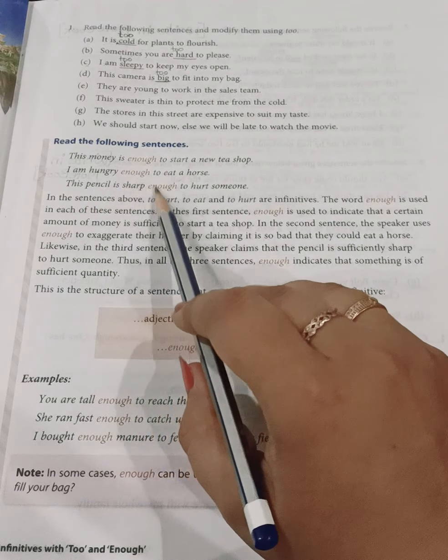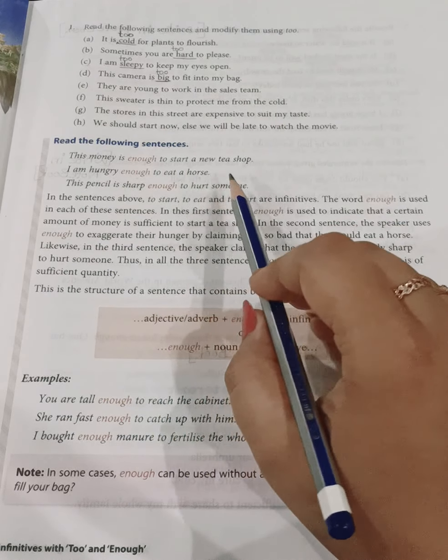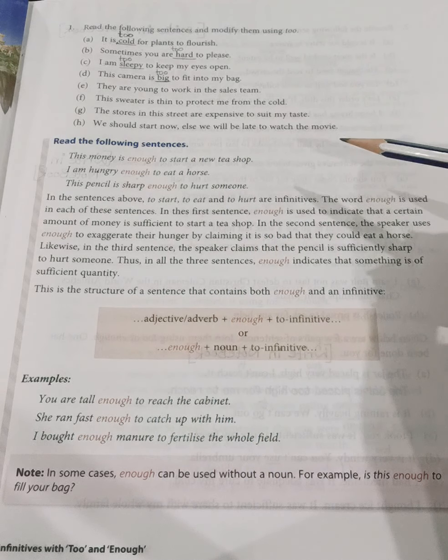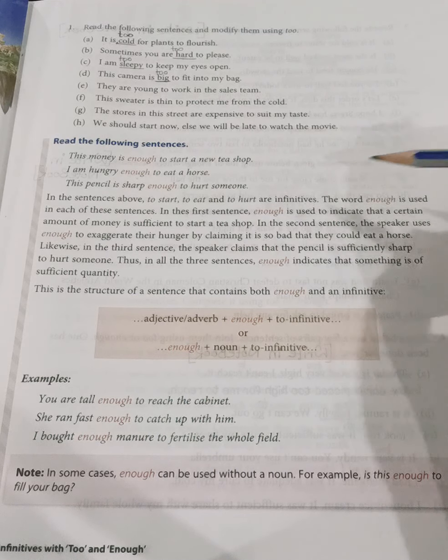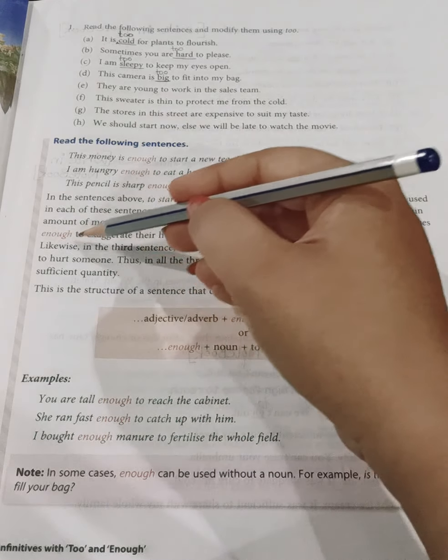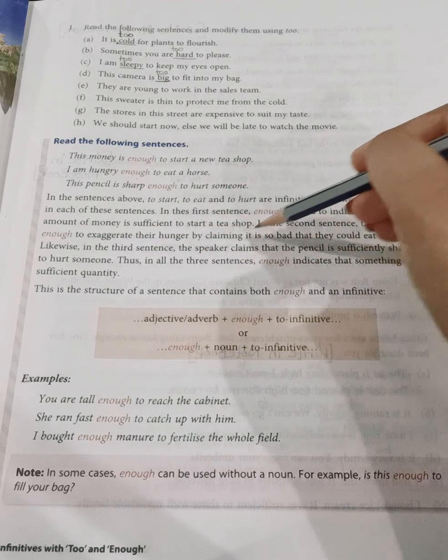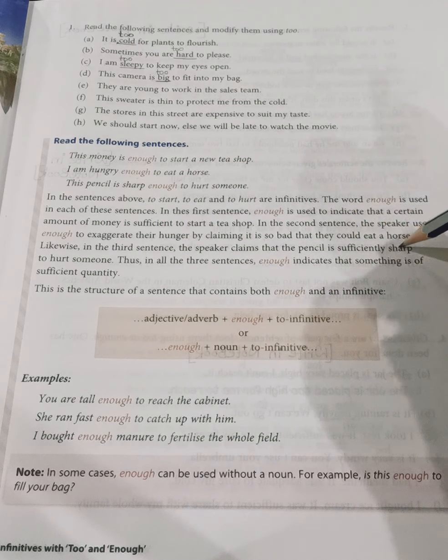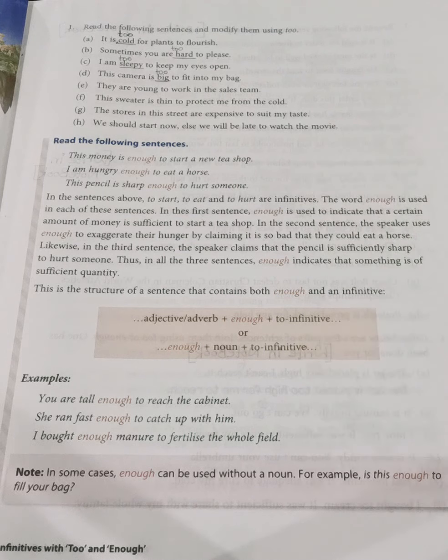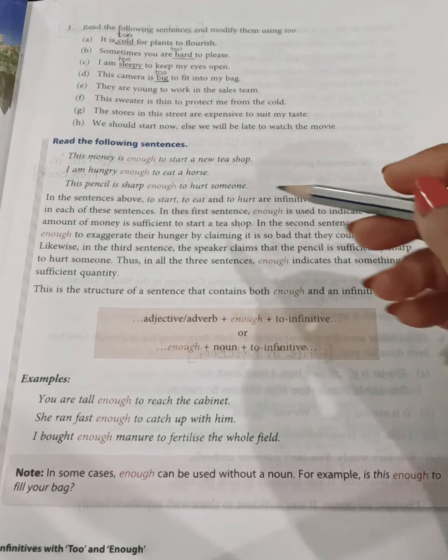The pencil is sharp enough to hurt someone. Likewise, in the third sentence, the speaker claims that the pencil is sufficiently sharp. We want to hurt someone. We are having a purpose, and for that purpose, it is sufficient. So, this is what enough represents.